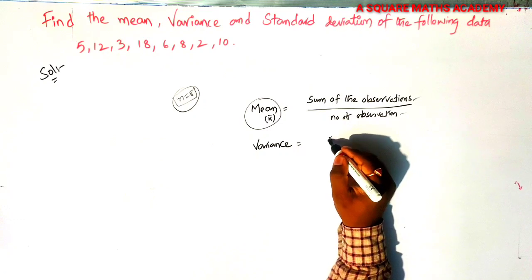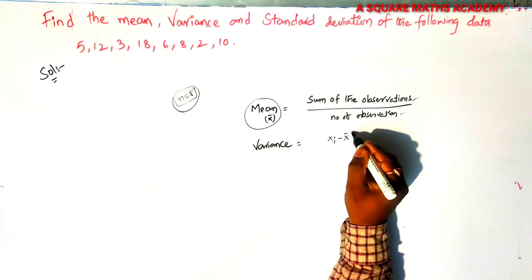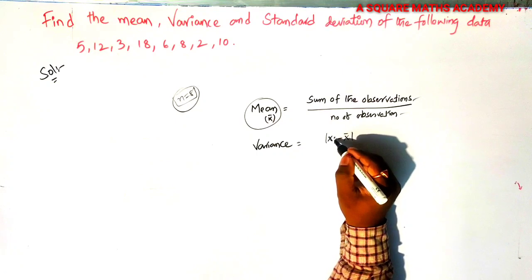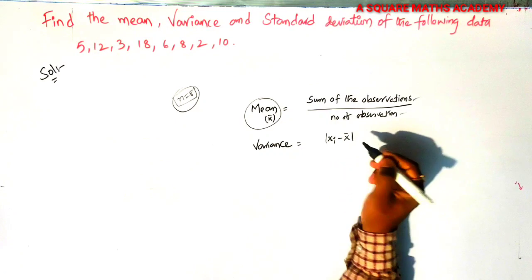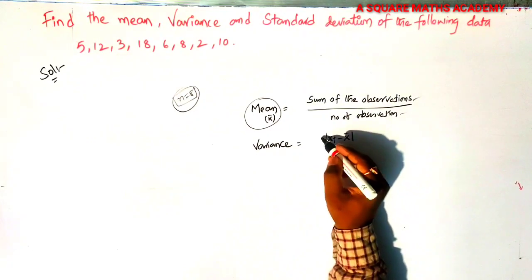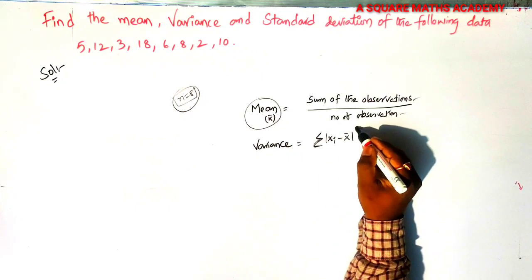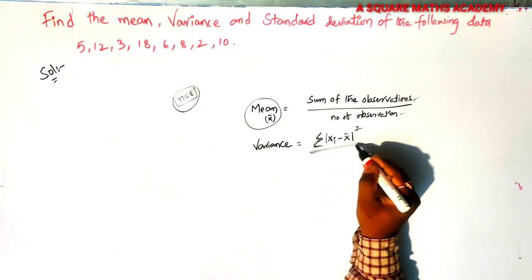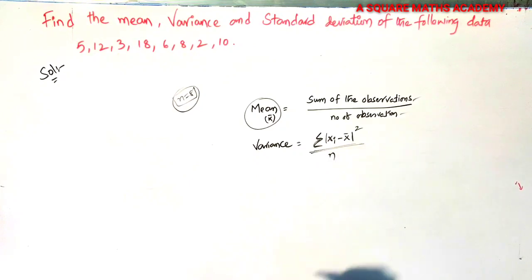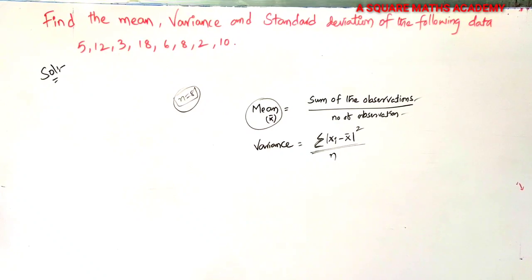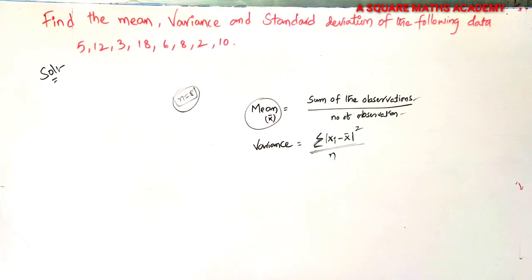It is written as xi minus x bar in mod, which is the absolute value. We take the sum of the squares of xi minus x bar, divided by the number of observations n. This is the variance of given ungrouped data. We find the absolute values, then square those values, and then add them.